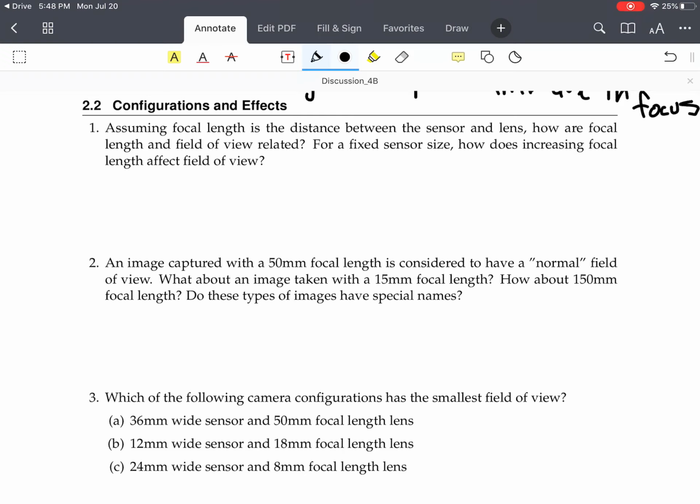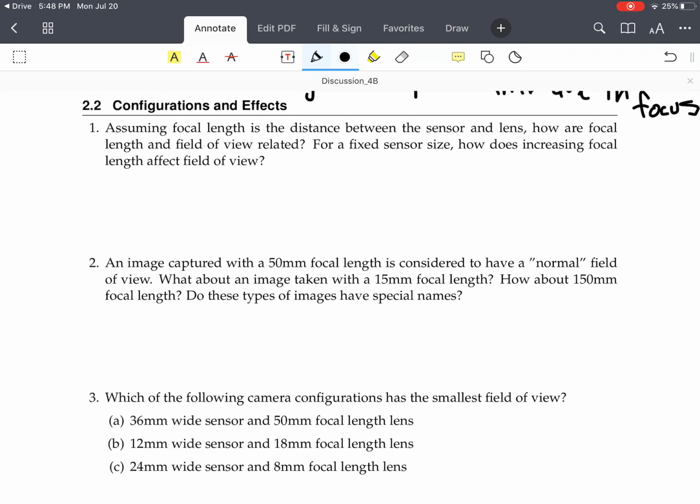So if we have a shorter focal length, the light is going to have a wider field of view on the camera, while if we have a longer focal length, so we're moving the sensor away, we're going to have a narrower amount of light hitting the camera, because light expands outwards. If the sensor is far away, less of that fringe light will hit.